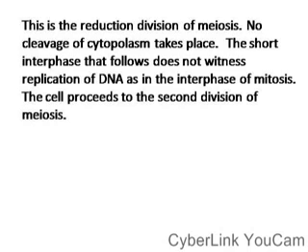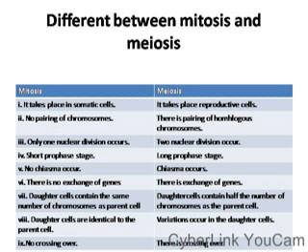Now, differences between meiosis and mitosis. If you look at mitosis, it takes place in the somatic cells, while meiosis takes place in the reproductive cells, or sex cells, or germ cells. Somatic cells are also referred to as body cells.